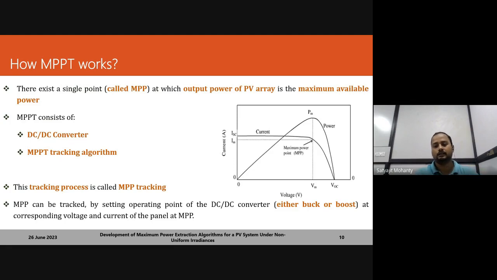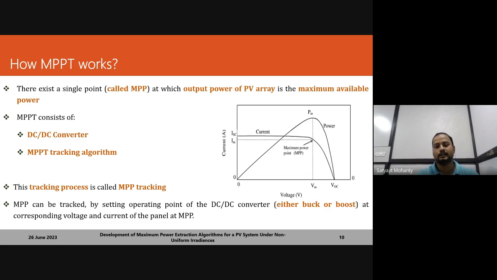So this is the output waveform of a photovoltaic panel. This condition arises whenever you have a constant uniform insolation. Suppose we have standard test conditions, known as STC, in which we have 1000 watt per meter square and 25 degrees Celsius.